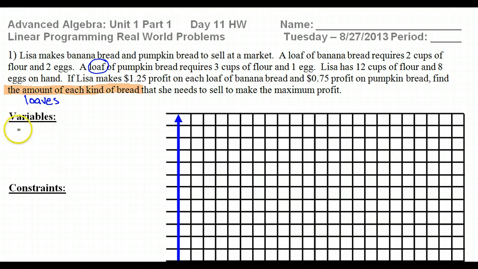Loaves. Okay, anyway, so we have the two kinds. We got banana bread and pumpkin bread. So we'll use X for banana bread and Y for pumpkin bread, but let's be very specific.